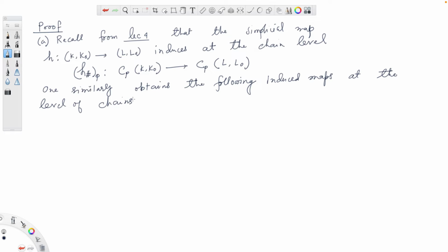This induced homomorphism is at the level of relative chain groups.